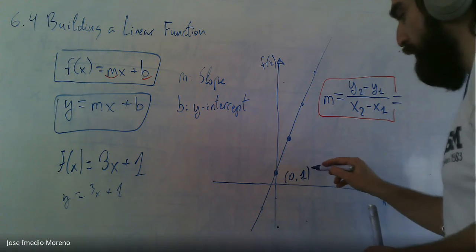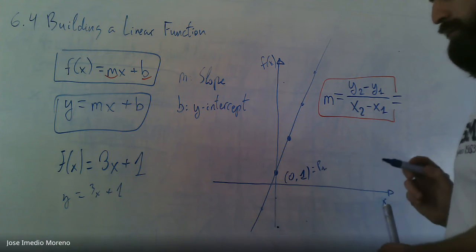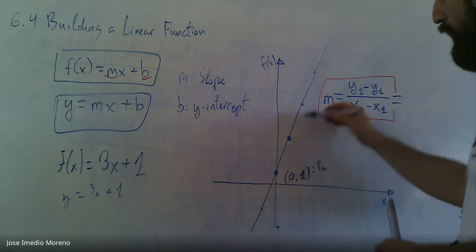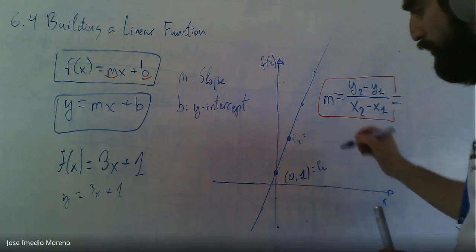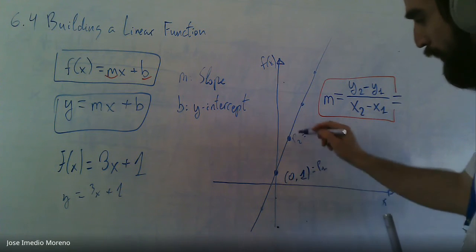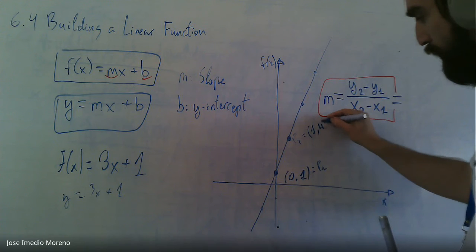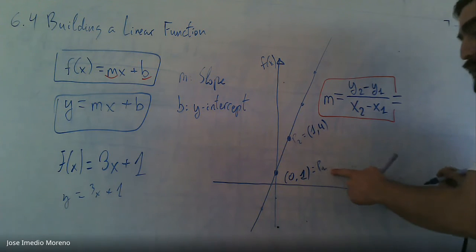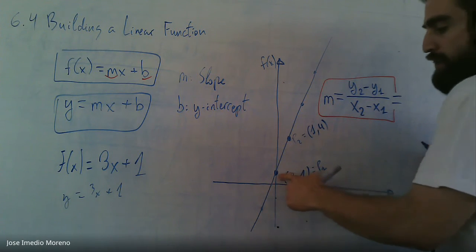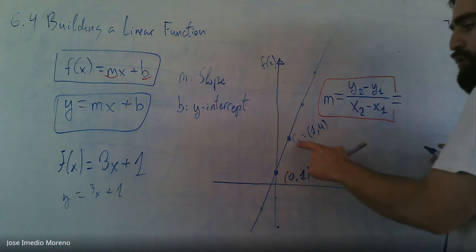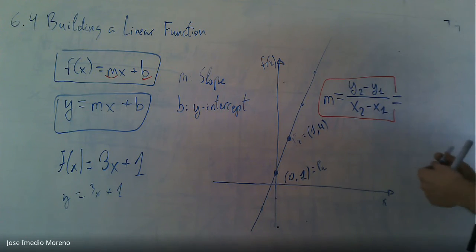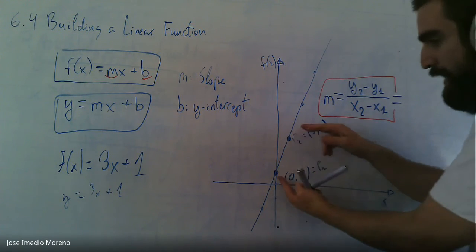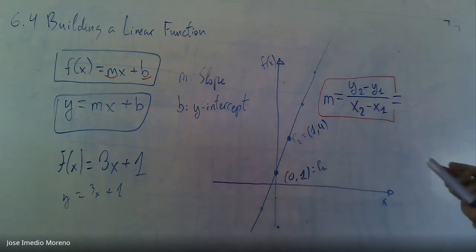This is going to be point 1, and then I'm going to take this one, which is going to be point 2. And point 2 is (1, 4). Always, point 1 is on the left and point 2 is on the right. That's important. But I can take any pair of points and make the following calculation.